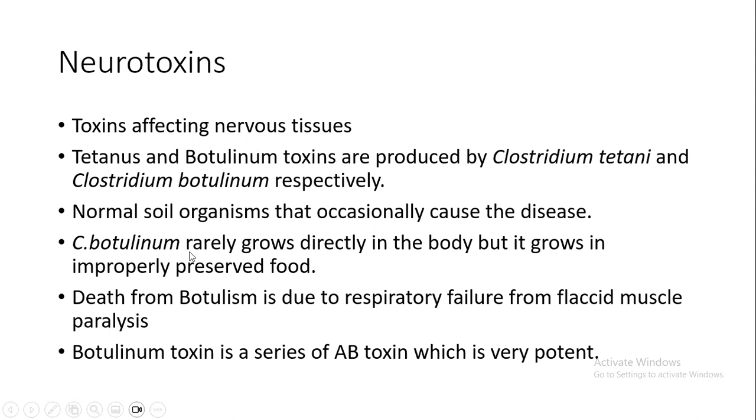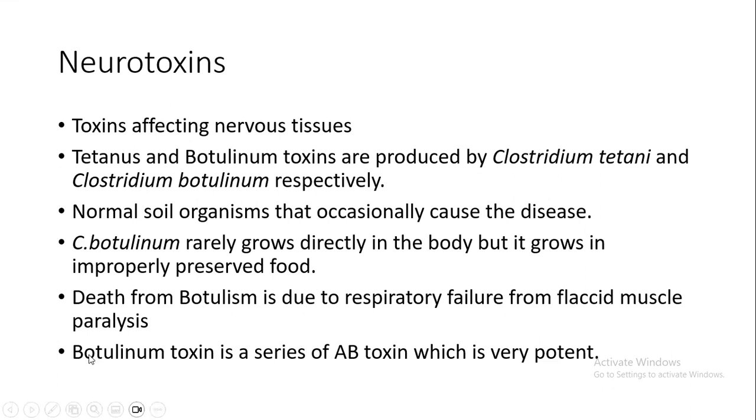Clostridium botulinum will rarely grow directly on the body, but it will grow in improperly preserved food and thus the toxins are synthesized. Death from botulism is basically due to respiratory failure that happens because of muscle paralysis of the respiratory organs.